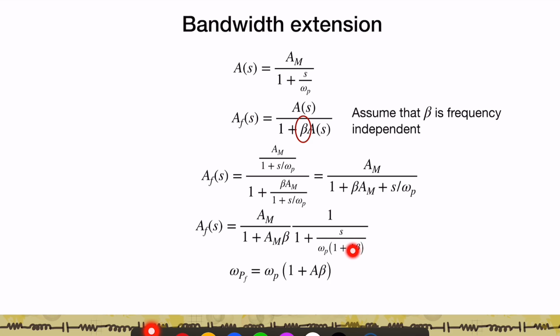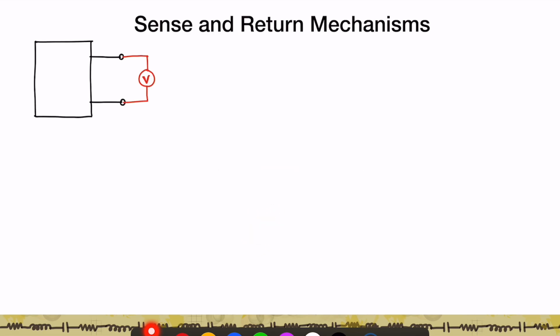So remember, A beta is a higher number, so this pole is going to be at a higher frequency. What has happened instead is your gain is reduced. So because of feedback, similar to what we saw in the cascode and CS amplifier, though that's not happening because of feedback, what you see here is that the midband gain reduces and the bandwidth increases. So you're trading off the midband gain for the bandwidth of the amplifier.